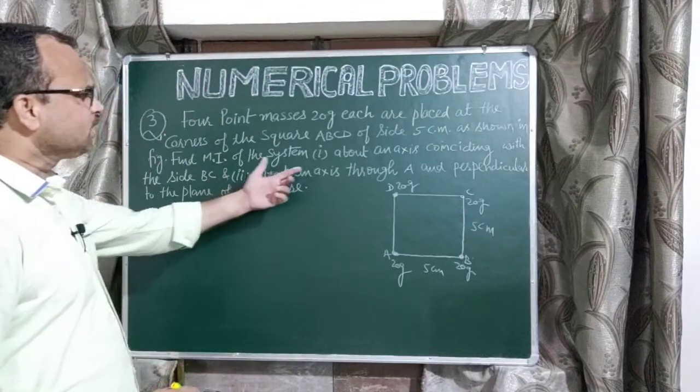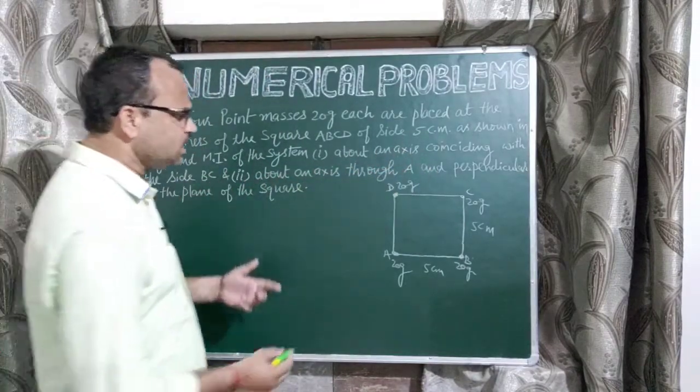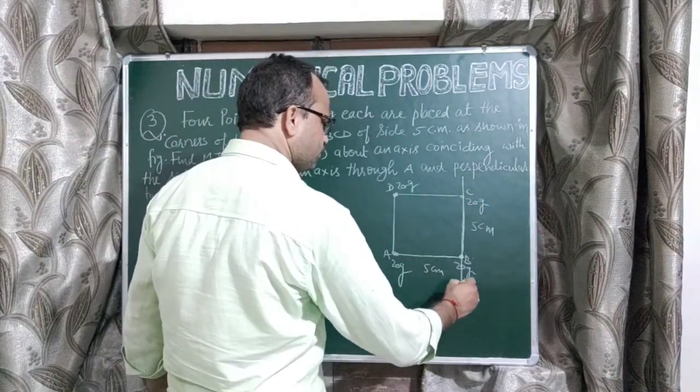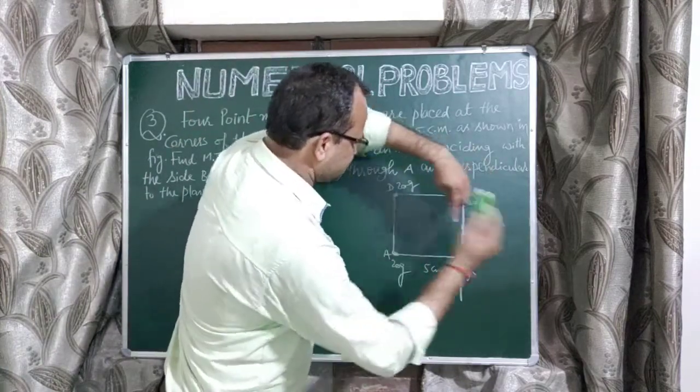We have to find the moment of inertia about an axis coinciding with the side BC. This side is BC, this is the axis, okay? We have to rotate the particles about this axis.